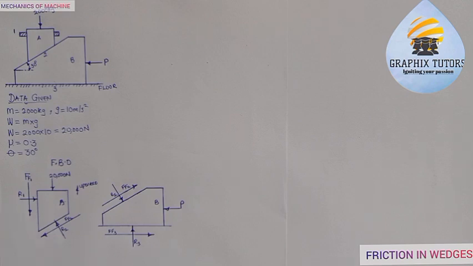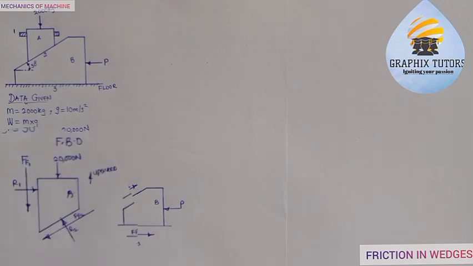Now look at what I will do here. Let's consider R2, right? We're considering force R2 here because it is inclined. It is not vertical, neither is it horizontal.